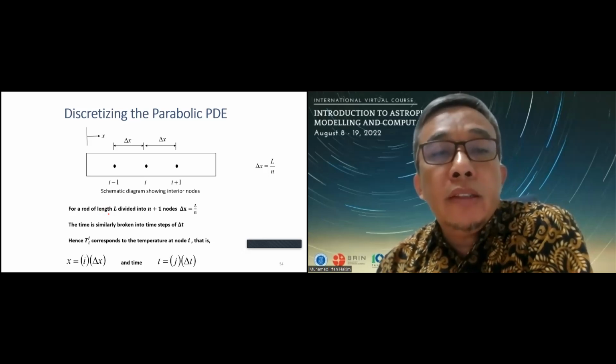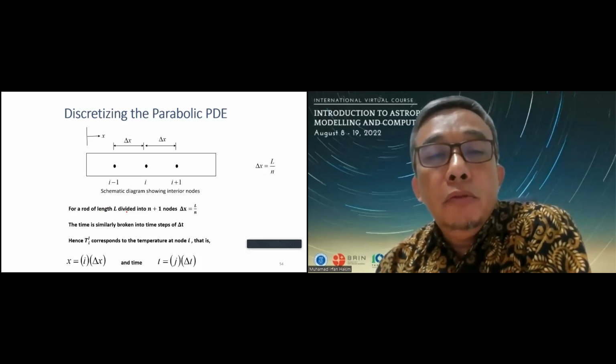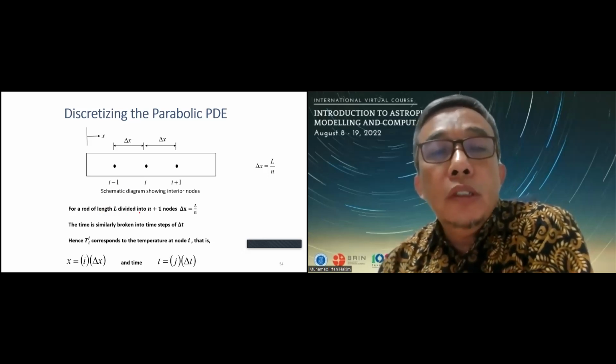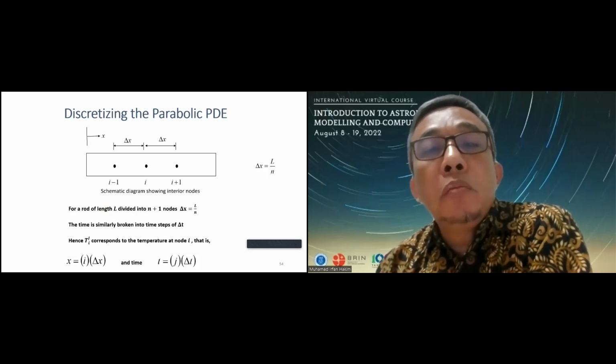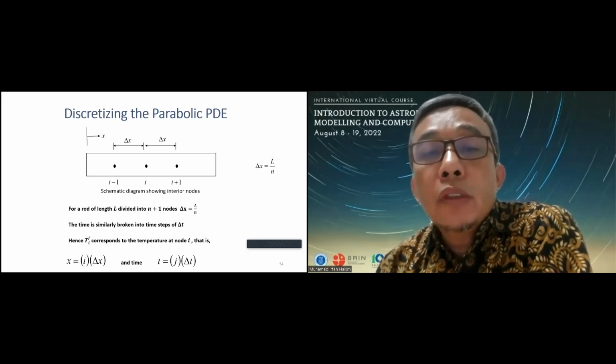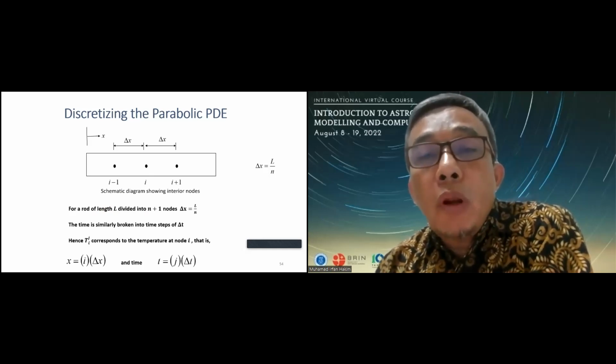For a rod of length L, we divide this length into n+1 nodes. So we have step size in one dimension, L over n.